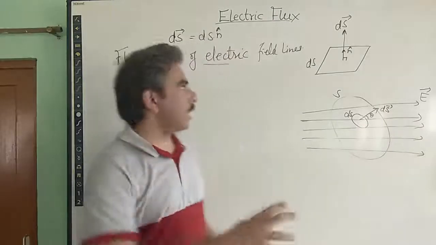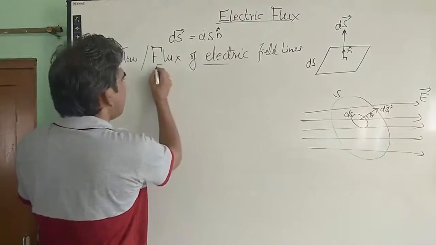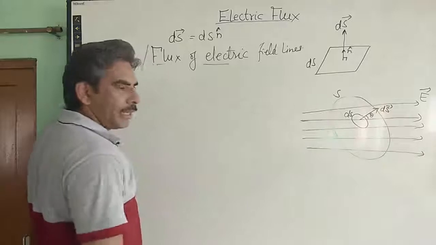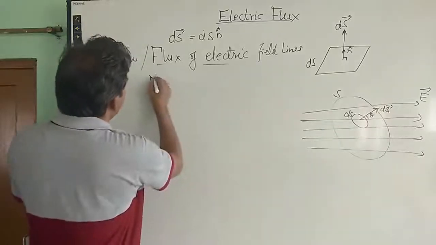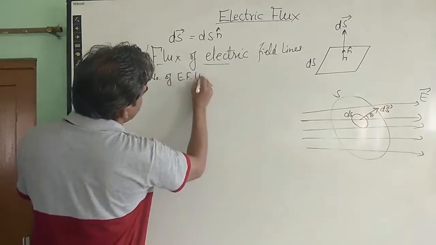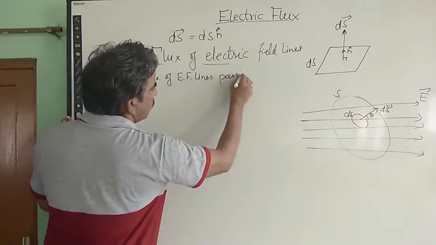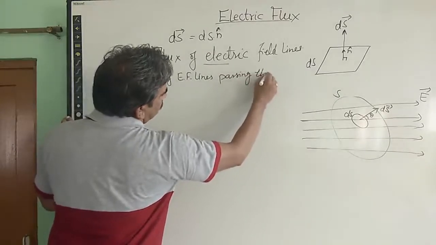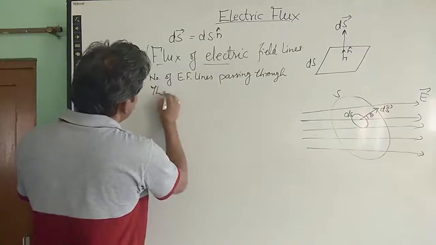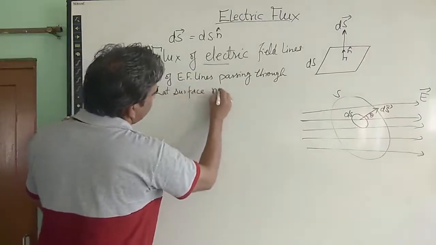Then electric flux, how do we define it? It is the electric flux through a surface which is placed in the electric field. It is the number of electric field lines passing through that surface normal to it.